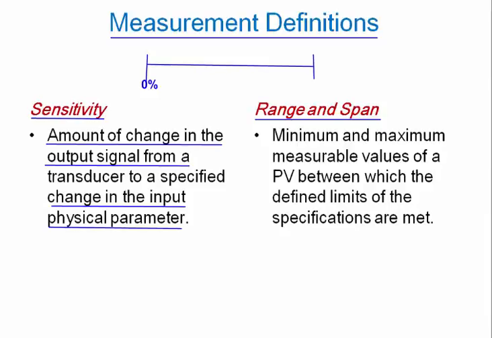The point is that if we're making a measurement, for example, suppose we want to measure the temperature of the room that we're in, then clearly we don't need a measuring system that measures from absolute 0 to 10 times the temperature of the sun. What we need to do is to look for an instrument that will cover a range that we think we're going to encounter.